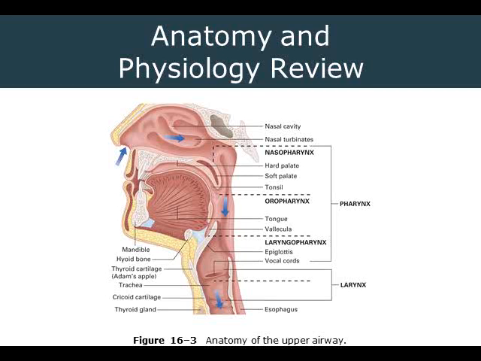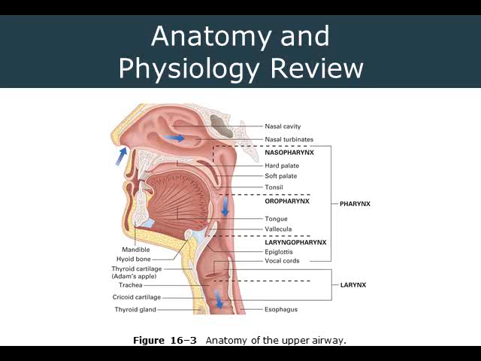Behind the trachea, towards the back, is the esophagus. So when we swallow, the epiglottis closes, causing the food to come back down and slide right past the opening to the airway, because the gate is closed, and then down into the esophagus.